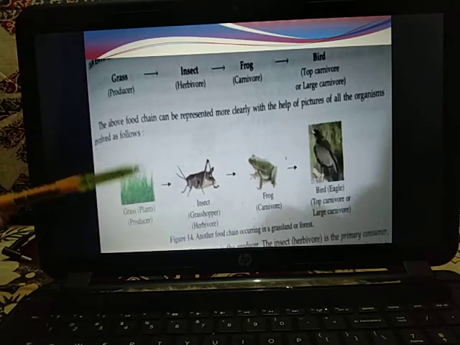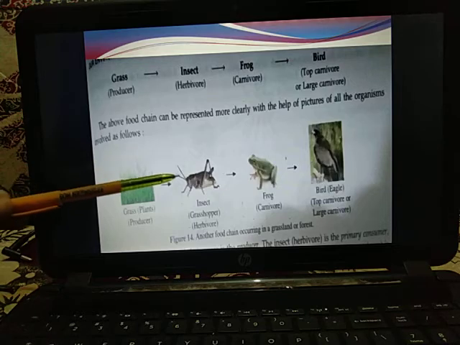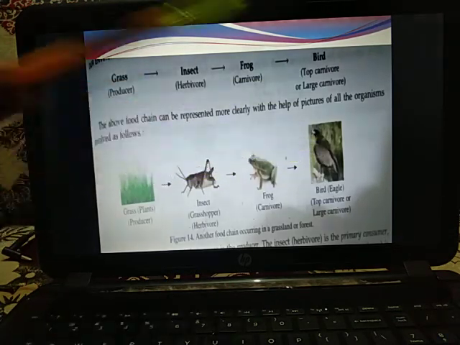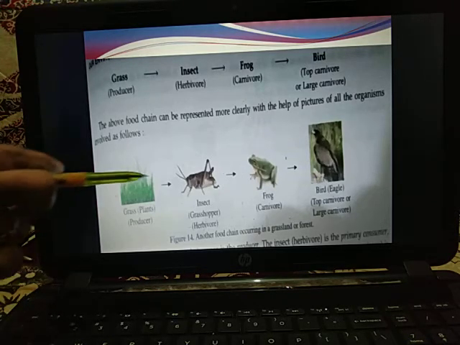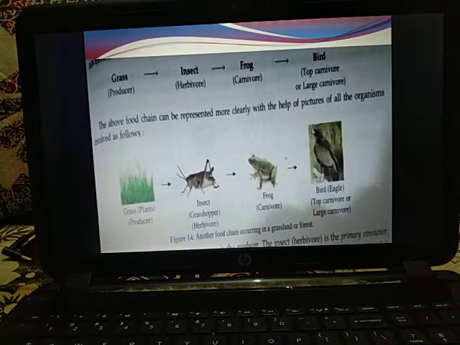See, this is the producer, this is not a consumer, this is the primary consumer, secondary consumer, and tertiary consumer. So the tertiary consumer will be the bird. And if you are asked which organism comes on the second trophic level, the insect comes in the second trophic level. So don't be confused.